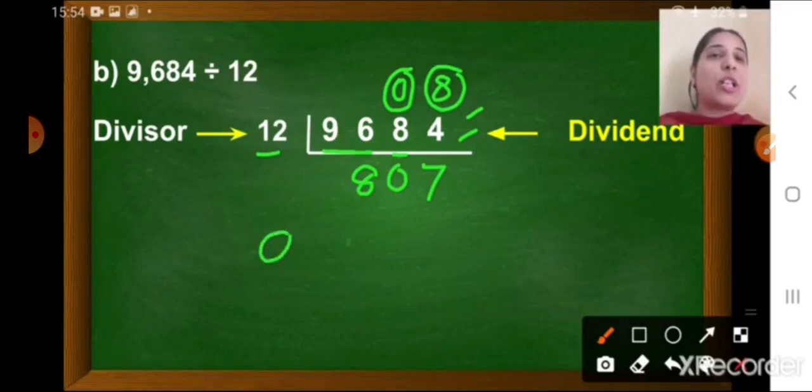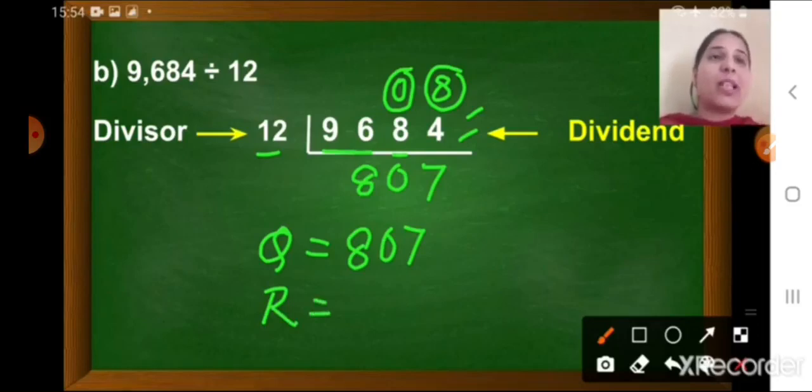So what is the quotient here, children? Quotient will be 807. And is there any remainder? No, because that number is completely divisible by 12. So remainder will be 0. Got it, children? So in this way, this is our answer. Quotient is 807 and remainder is 0.